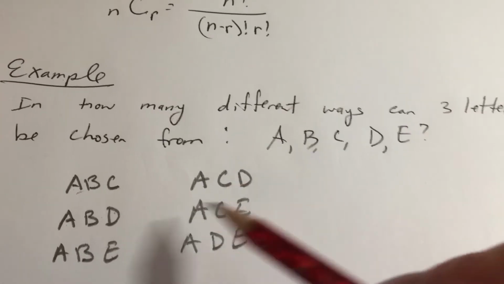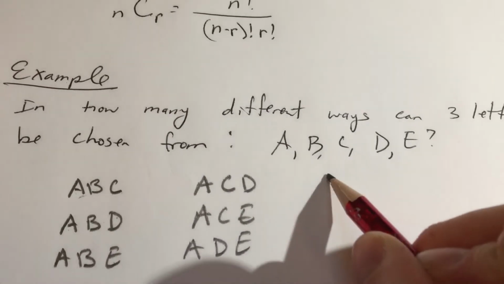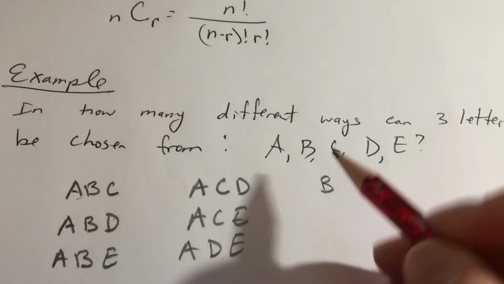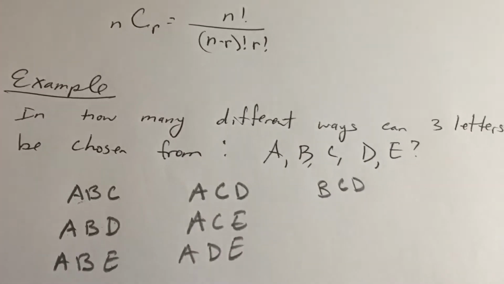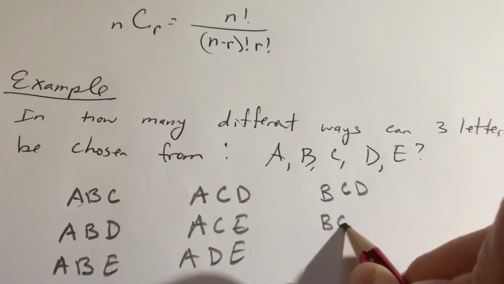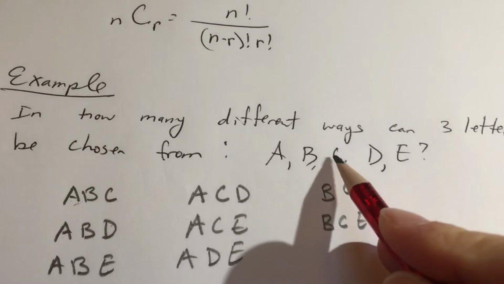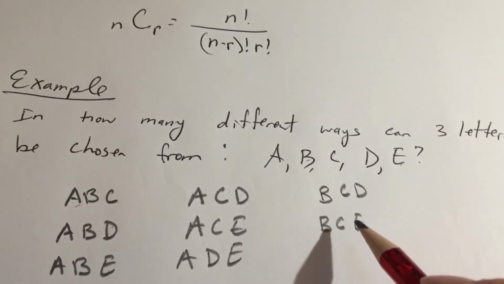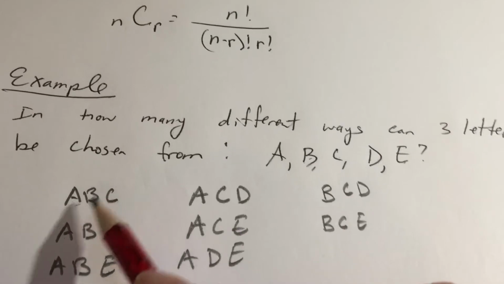So the order doesn't matter how I choose them. What happens if I don't ever include A, but now I have a B? Well, I haven't done B, C, and D yet, or B, C, and E yet. So I've done 1, 2, 3 ways. Those are the only letters I can use because I can't use B with A anymore; those are all taken.